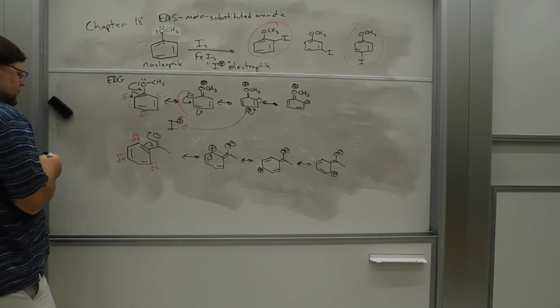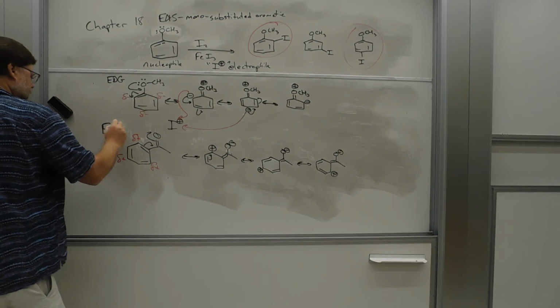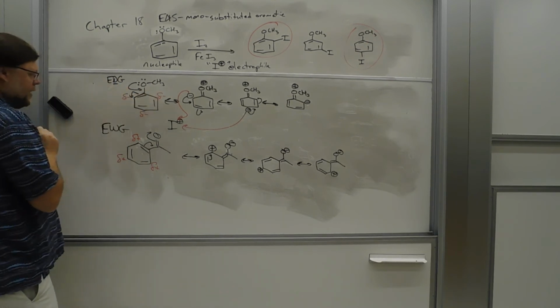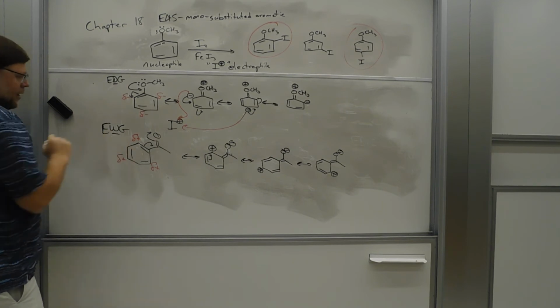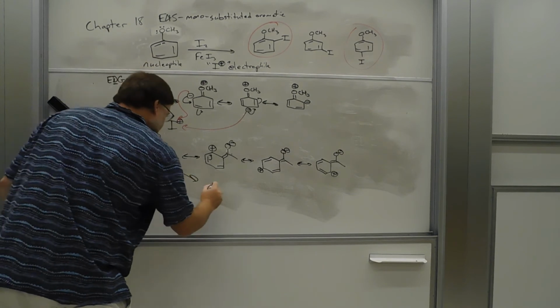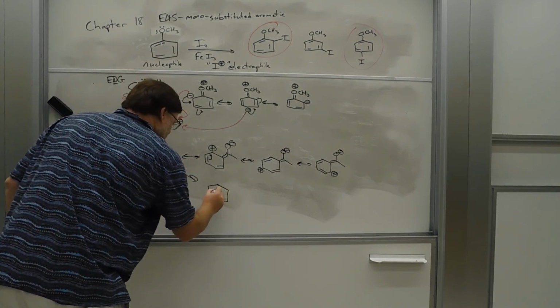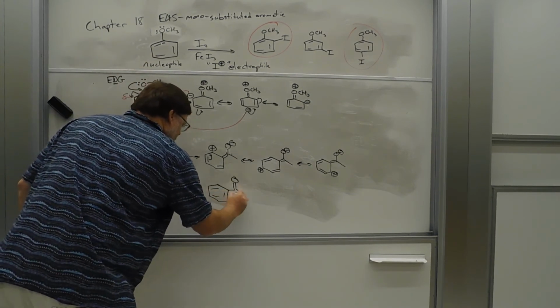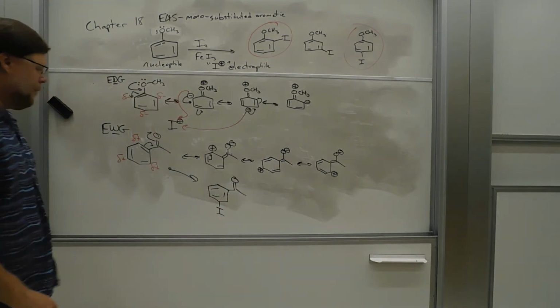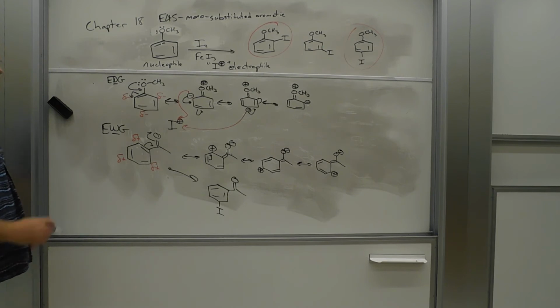Donating, ortho and para, electron rich. Withdrawing, ortho and para, electron poor. And so down here, the product we're eventually going to get with nitration puts that substituent meta. So that's the take home.